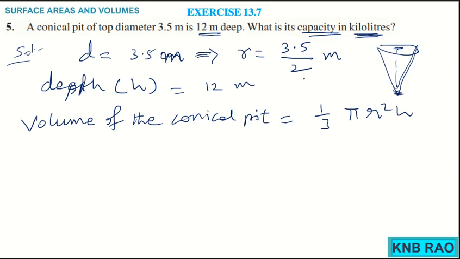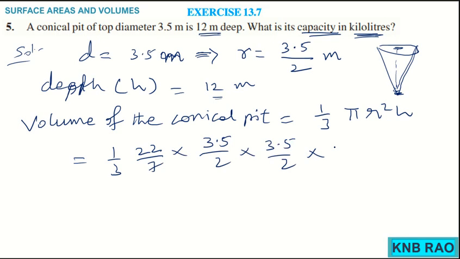Here r value you know, h value you know, just substitute them. 1/3 into 22/7 into 3.5/2 into 3.5/2 into 12. So 3.5 once and 3.5 twice will cancel here.